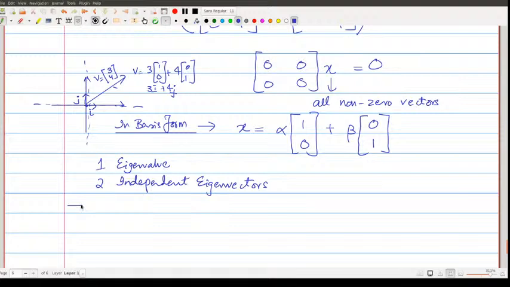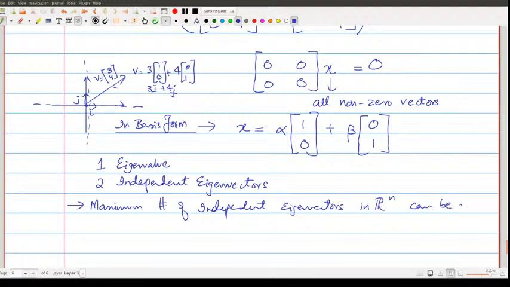Here's a simple fact: the maximum number of independent eigenvectors in R^n can be n, because that's of course the maximum number of independent vectors that you can get in R^n. So why should eigenvectors be any different?